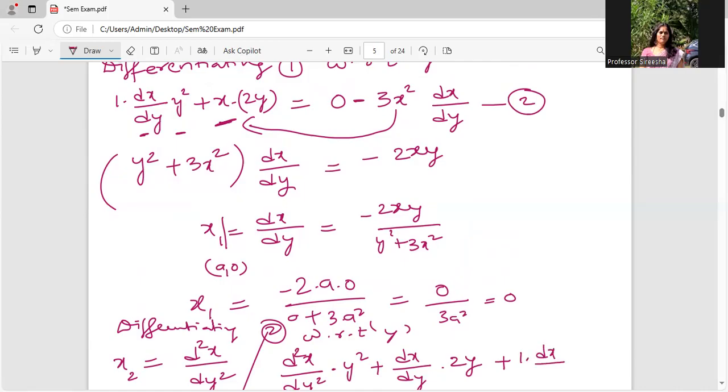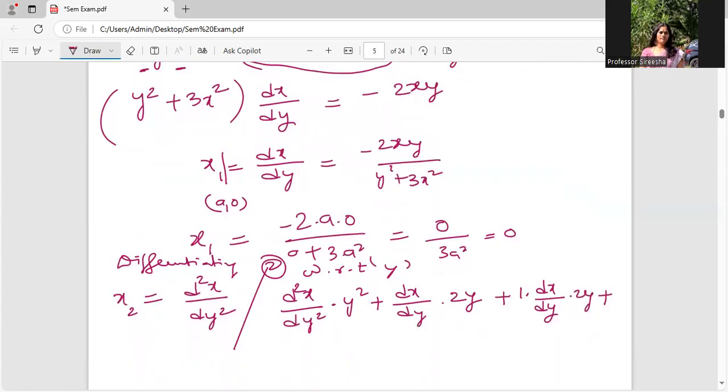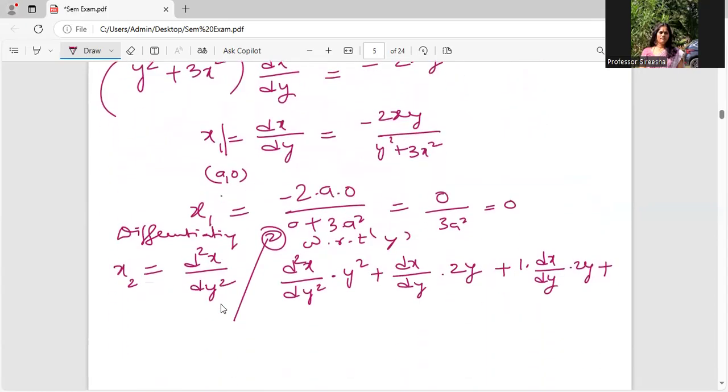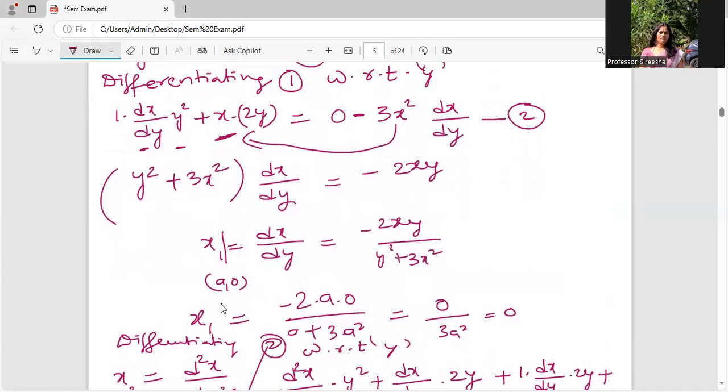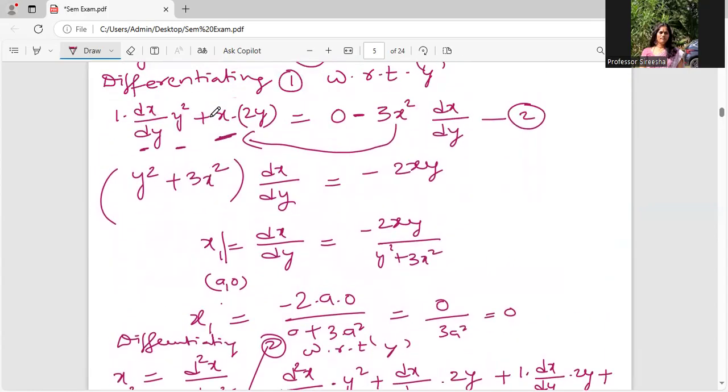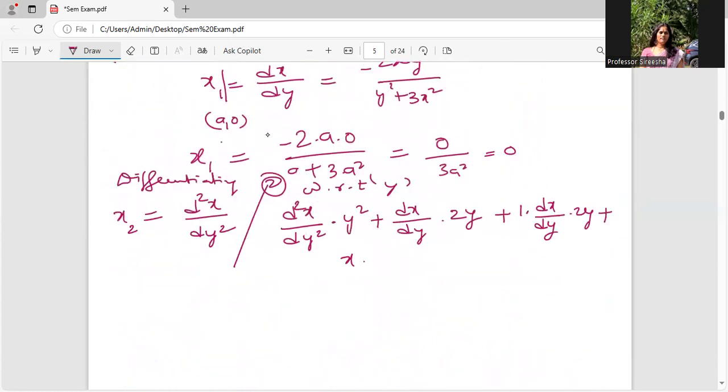When I am differentiating x, I should be writing dx by dy into 2y as it is, plus x derivative is 1. Now next, x into 2y, derivative is 2.